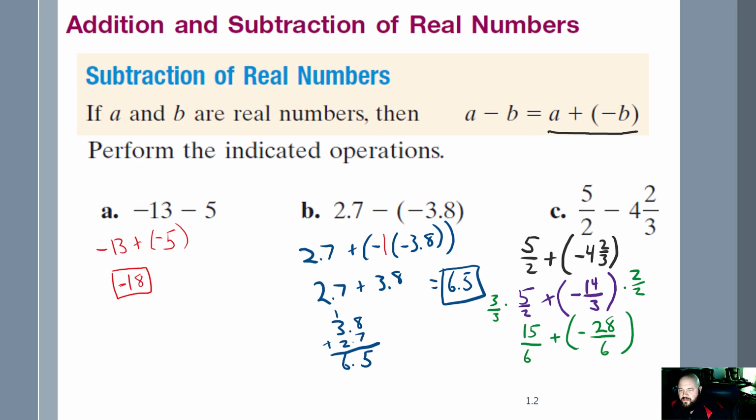So since we know that, we can do that rule of, we can subtract the smaller number from the bigger number. So 28 minus 15 should give you 13 over 6. And because the bigger number was negative, we know this is a negative value. And that, my friends, is the answer.